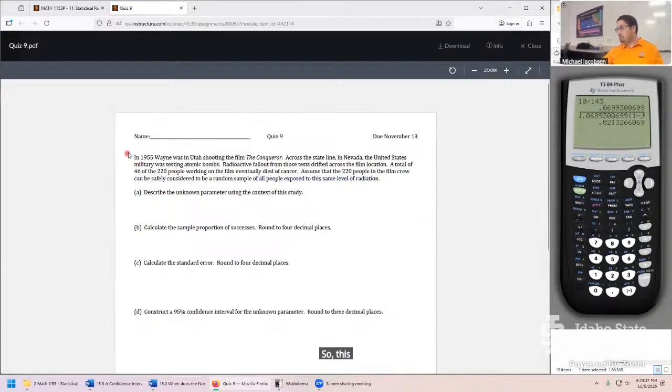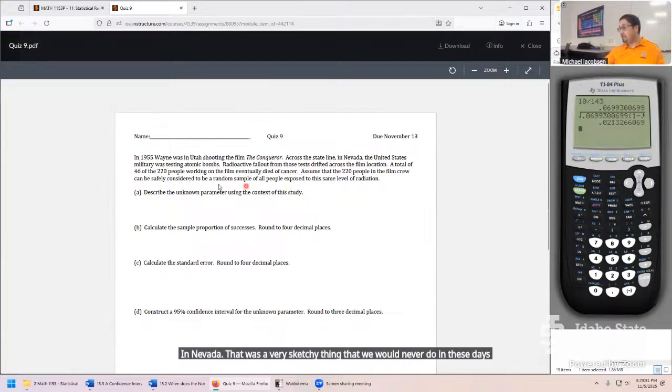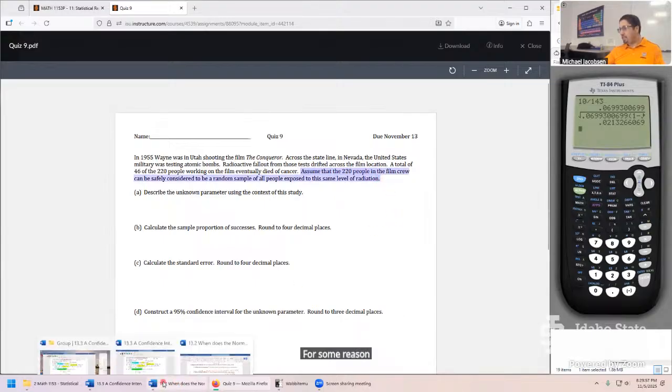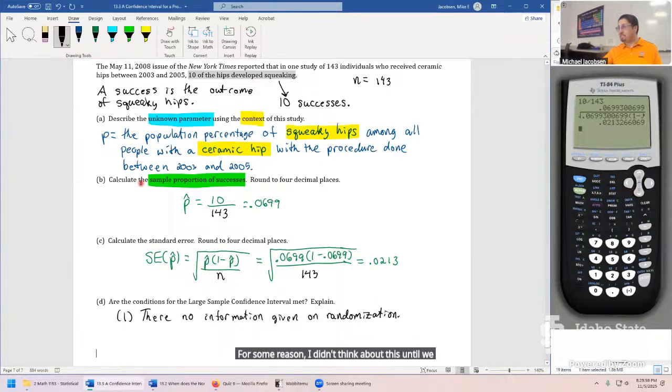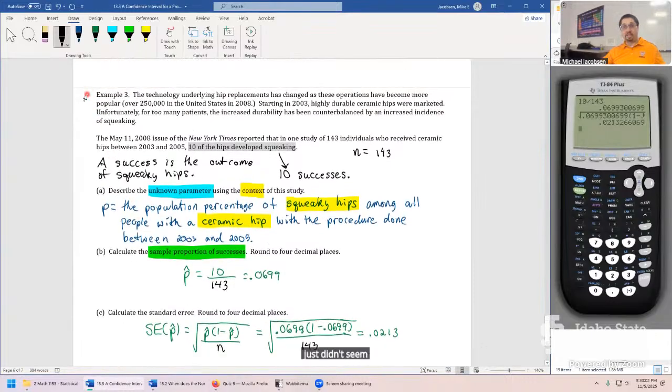So this is about John Wayne and his film crew that shot The Conqueror at the same time nuclear testing was being done in Nevada. That was a very sketchy thing that we would never do in this day and time. But that's what information would look like if they're trying to tell you something about randomization. For some reason, I didn't think about this until we launched the problems. It just didn't seem to be mentioned in our three examples.